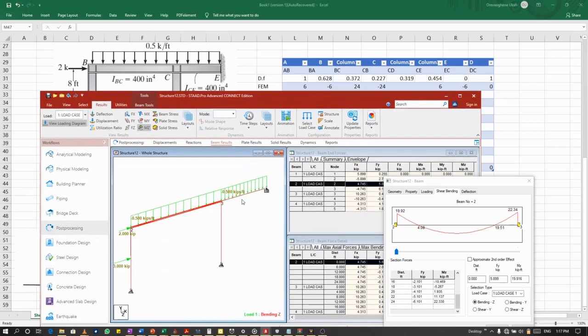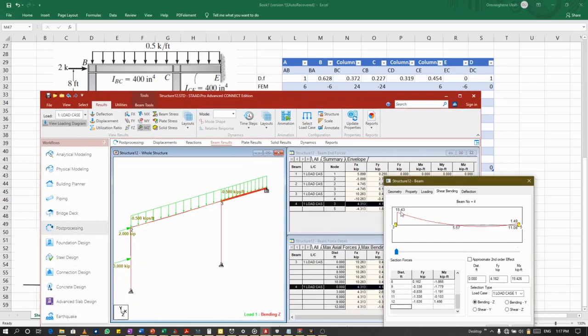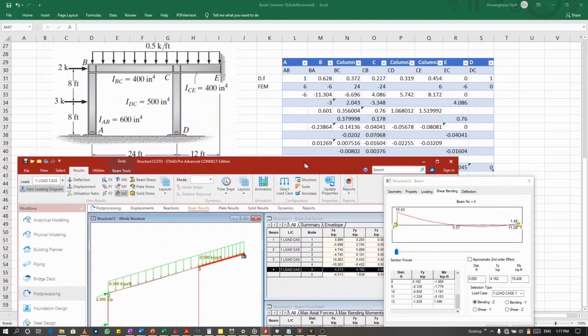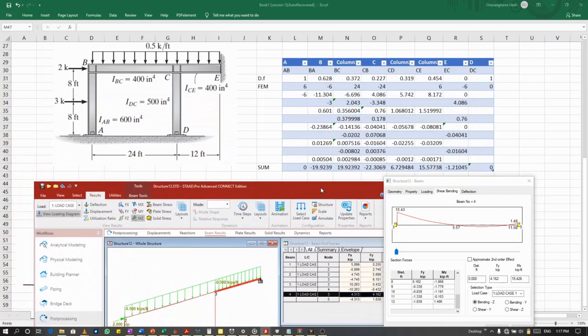Let's look at beam 3.5. We have 15.43, then at 5 we have 1.49. So let's look at what we have here. We're looking at CE.